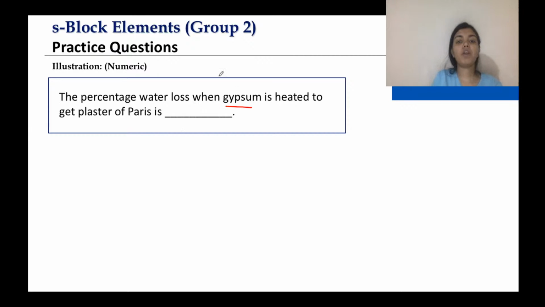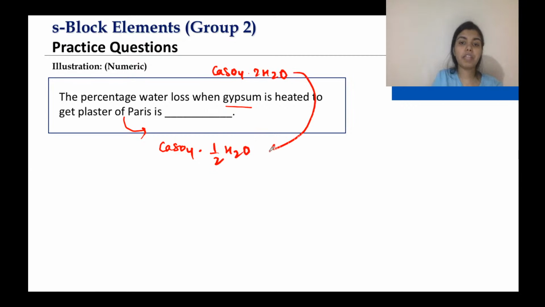See, gypsum is calcium sulfate dot 2H2O. And plaster of Paris is calcium sulfate dot half H2O. That means change of how many water is taking place? 1.5 H2O is decreasing here.